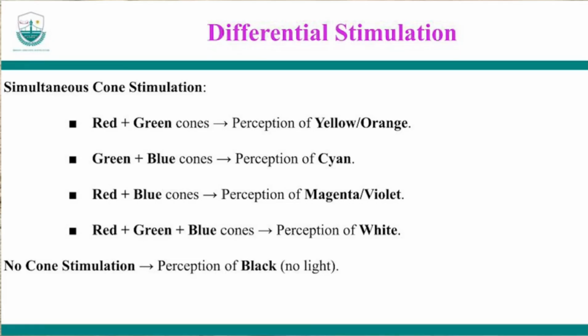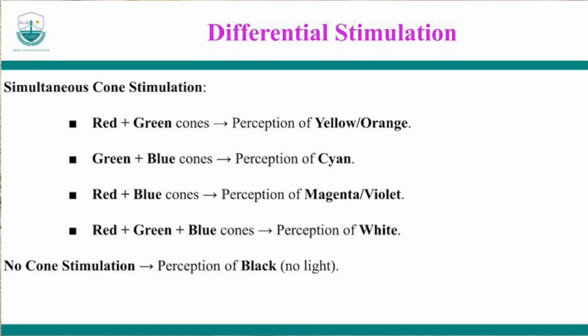And if all of them are stimulated at the same time, the red cones, the green cones, plus the blue cones, what you have in your mind will be that the object is actually white. Okay, so that is how we get to know the color of the object that we are seeing.